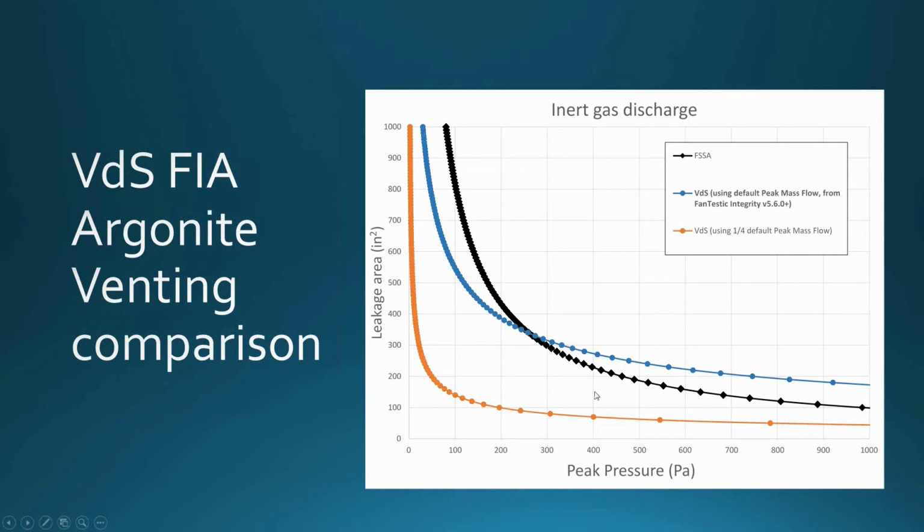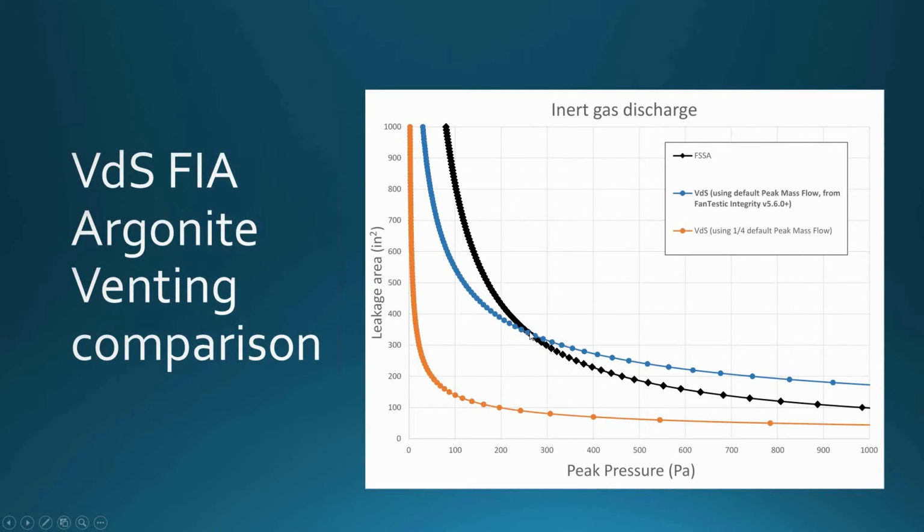The VDS curves, or the FIA curves, or all the manufacturers' curves, are square root functions. And if we assume that the peak flow rate is around 4.5 times the average flow rate, then we get a curve that looks something like this for VDS or FIA. And you'll notice that the two cross at around 250 pascals and actually give the same results.